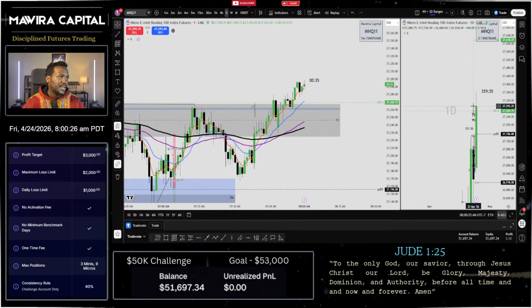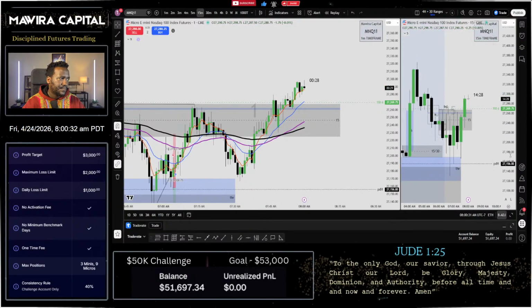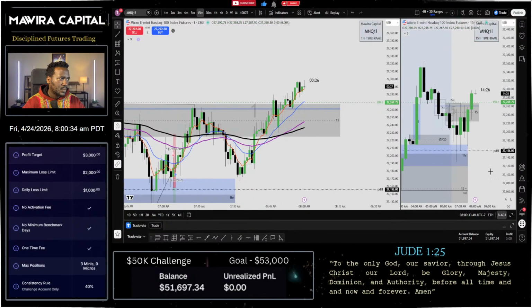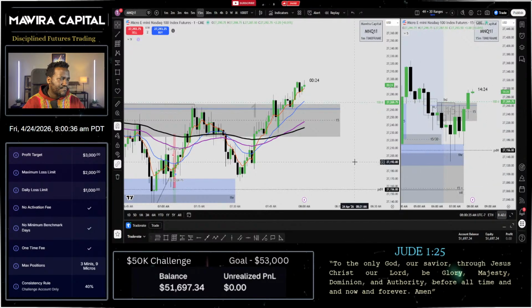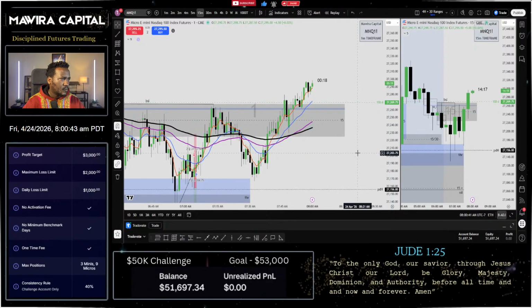So that short I was trying to fade the daily candle. That has not worked so well for us. Well, I was just trying to take a piece of the pie anyway. Yo, I need to see a retracement before we take that high. That would be nice.